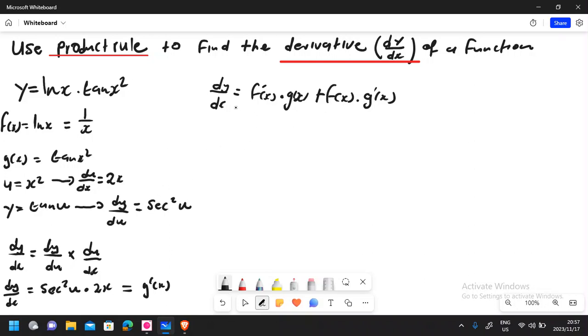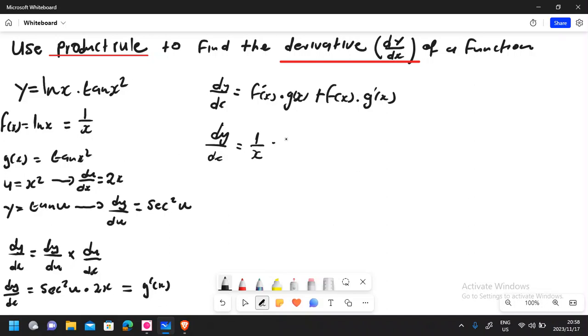Okay. All right. So let's start. So let's substitute. By the way, this is the derivative of f of x, dy over dx. I hope you guys can see this one. We start with the derivative of f of x, which is going to be 1 over x, multiplied by g of x. What is our g of x? Our g of x is tan x squared.